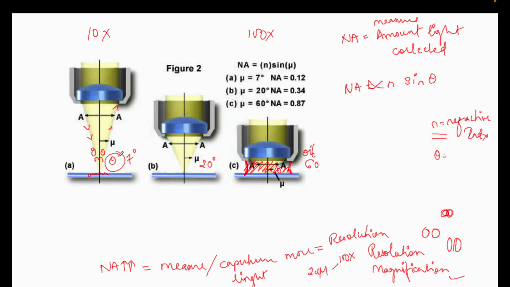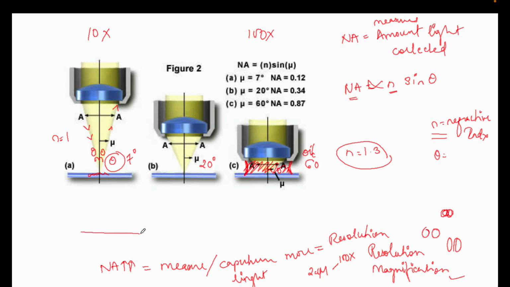There is a very narrow space in between them. Here the refractive index will be accounted for the air, because there is a space, so n will be equal to 1, but the refractive index of oil is around 1.3. The refractive index is higher, so that's why we get higher magnification. So in 100x, with oil, we get more magnification and resolution, because oil has a higher refractive index and numerical aperture is directly proportional to the refractive index.